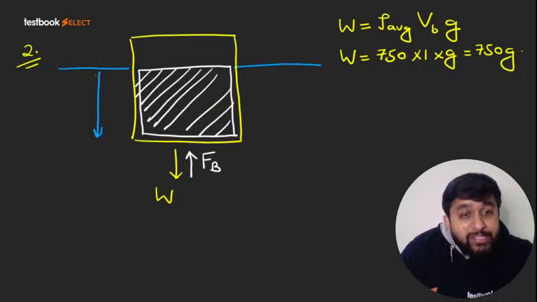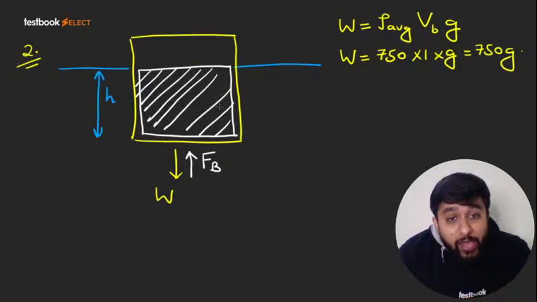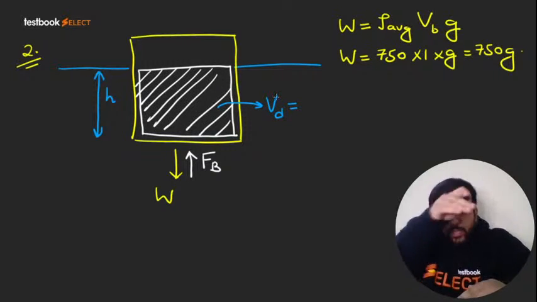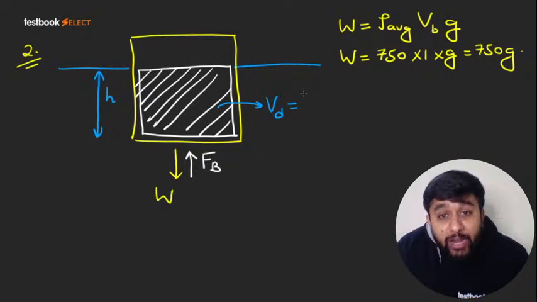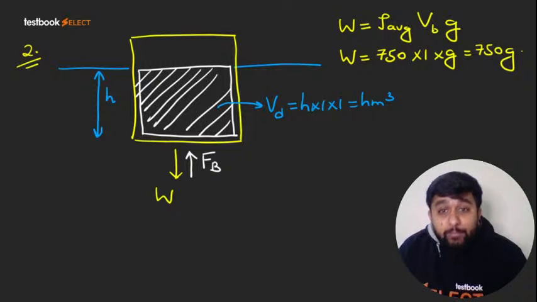So let me call this h. When I talk of the volume of displaced fluid, that will become h into 1 meter into 1 meter, so that is h meter cube. Now how do you write buoyant force?